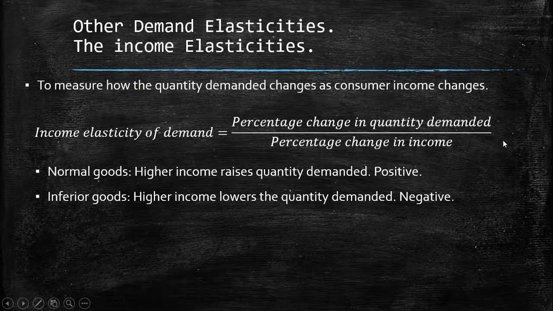When it's smaller than zero, these are inferior goods. Take into account that before, when we were talking about price elasticity of demand, we didn't focus on the sign. But here it is so important because it defines whether the good is normal or inferior.